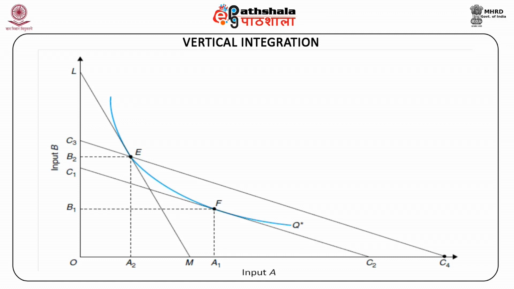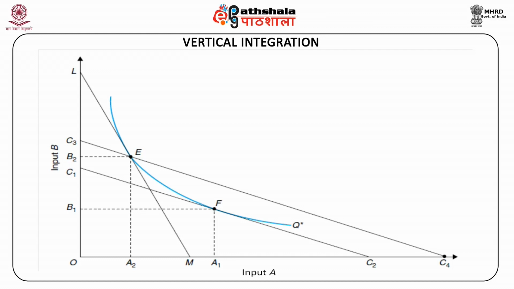As E is on the higher isocost curve C3, C4 compared to F, which is on the isocost curve C1, C2, E is a more expensive position.